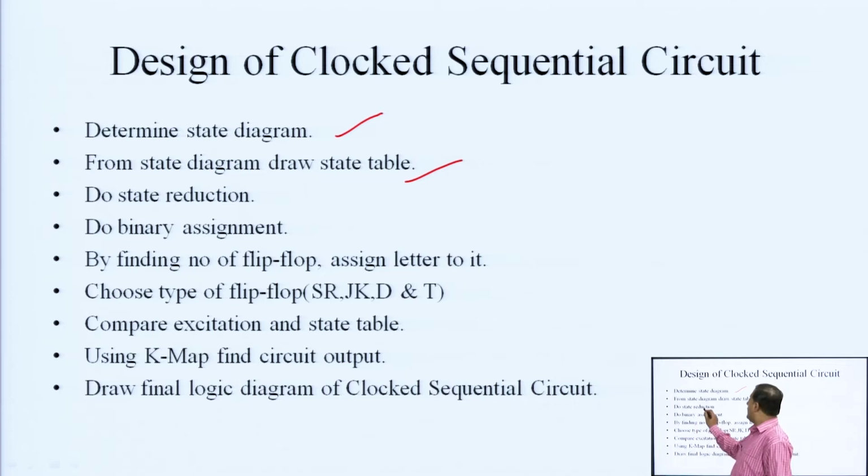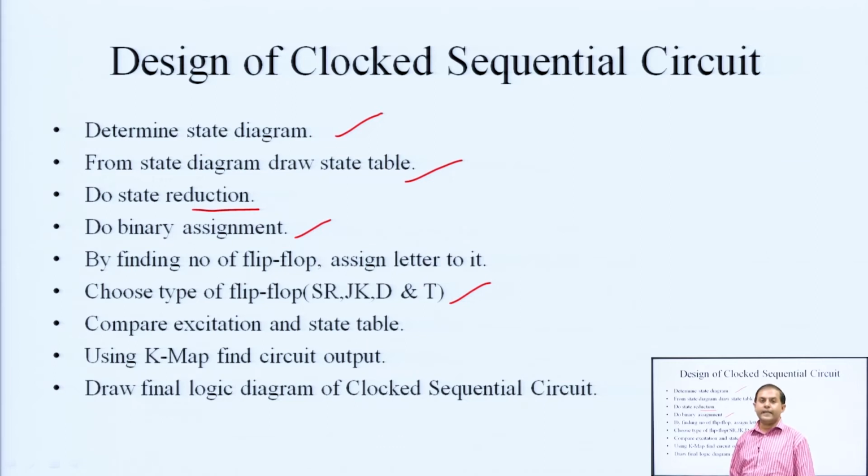Next, we will do the state reduction. If the states are similar, we will do the state reduction, then we will do the binary assignment to them. Next, we will find the number of flip flops. How many flip flops are required for designing that circuit? It is very important. Next, we will choose the type.